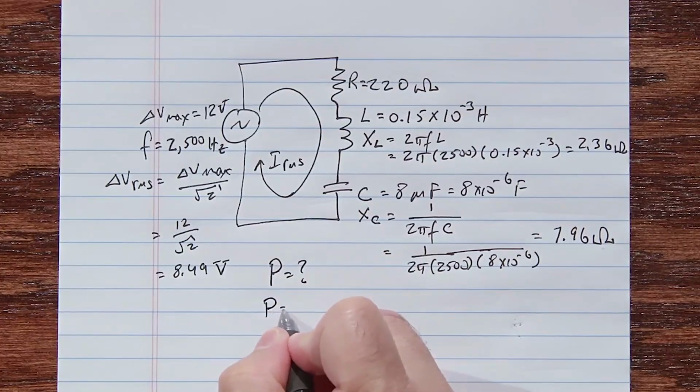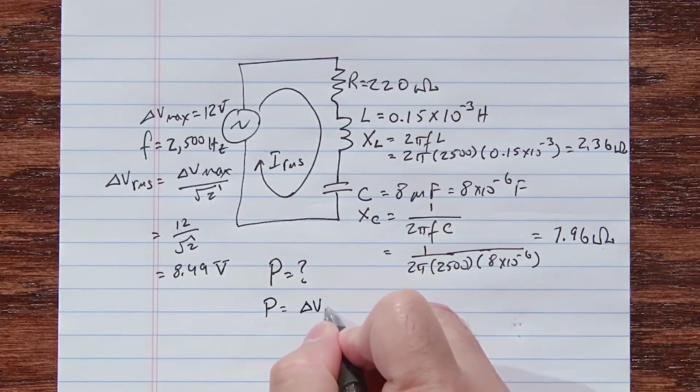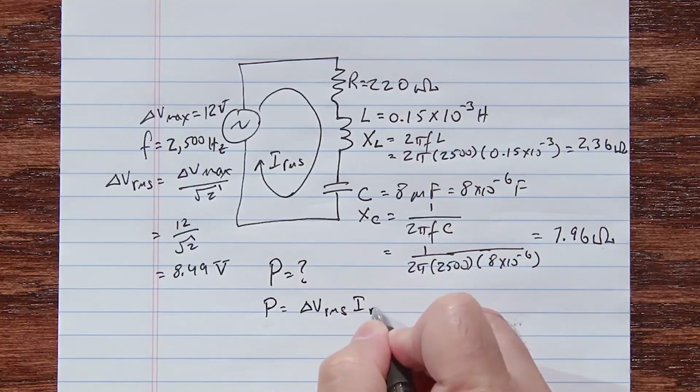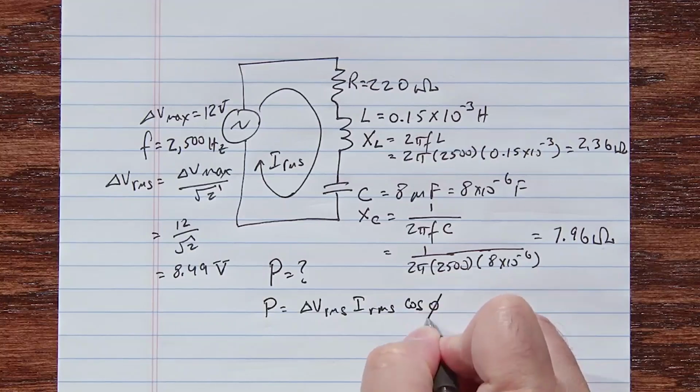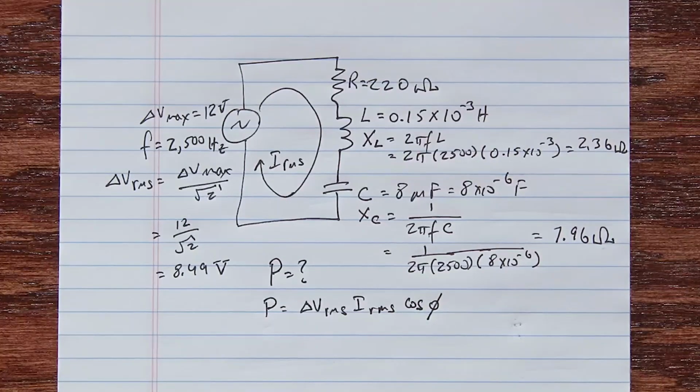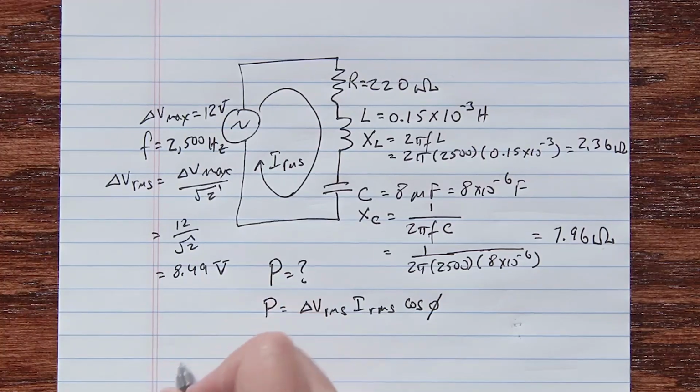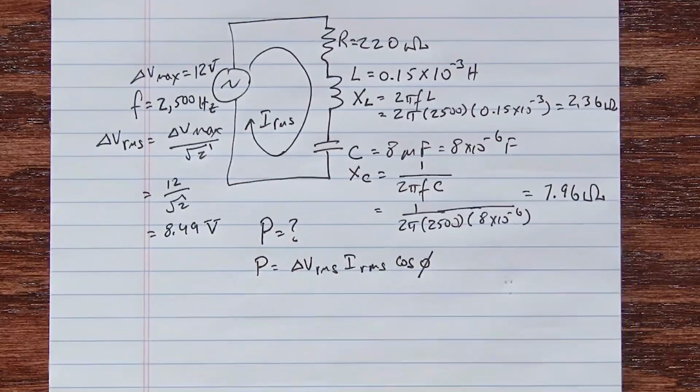We know that the power is equal to delta V RMS times I RMS times cosine of phi, the phase angle between the voltage and the current. So we know delta V RMS, so we'll have to figure out I RMS and phi.